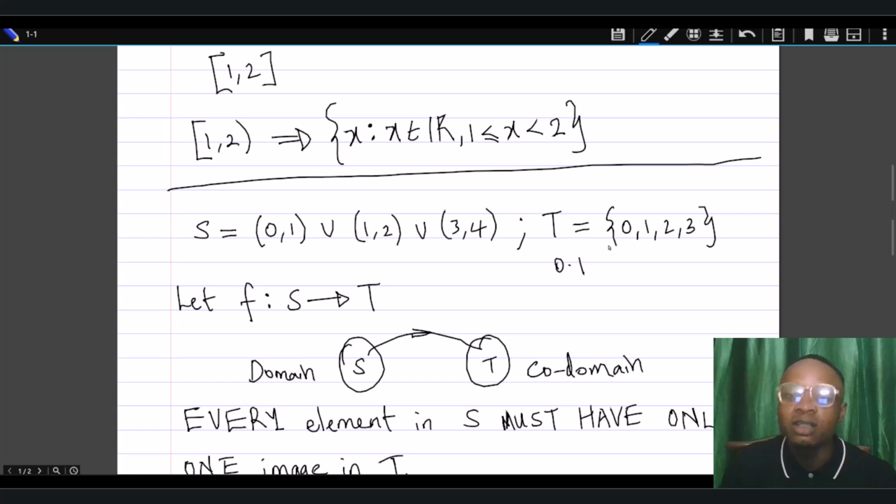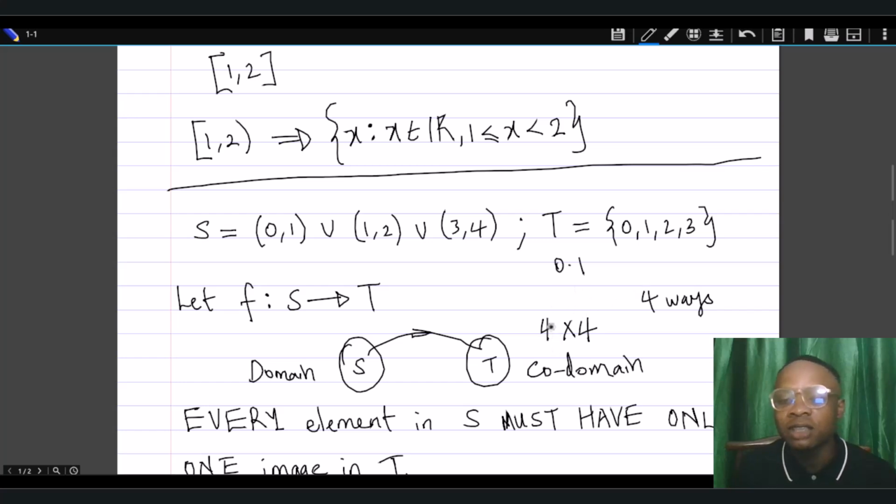because there are infinite elements here, and each element can be associated with elements in T in 4 ways. For each element we have 4 options to pick from, and now we have infinitely many elements. Normally, if we have only 2 elements, we can say for the first element we have 4 ways to associate it with an element here, and for the second element we have 4 ways as well.